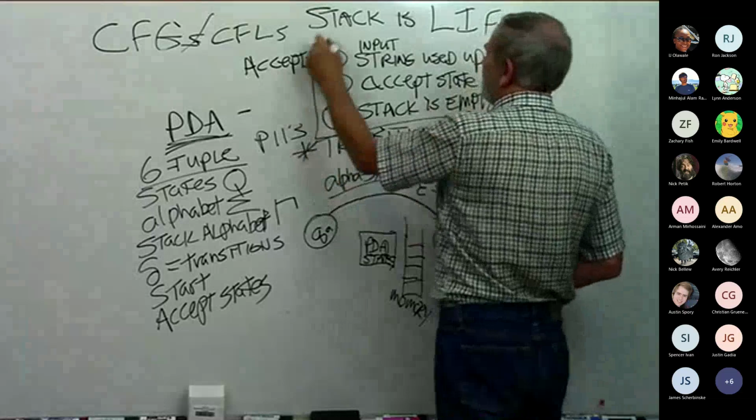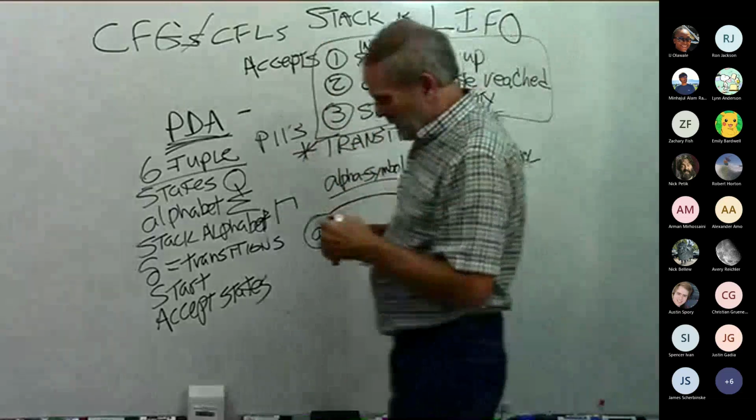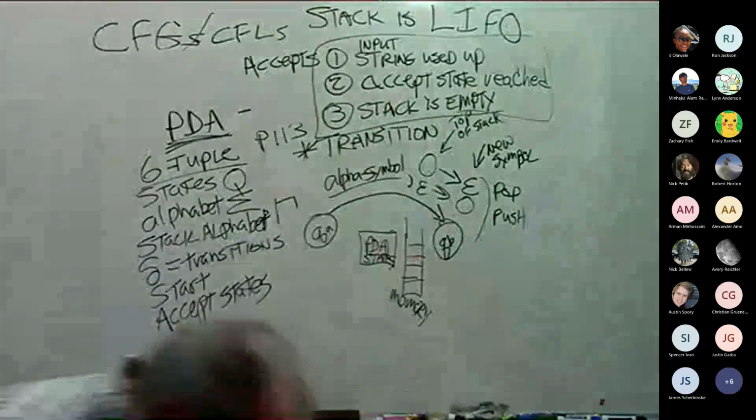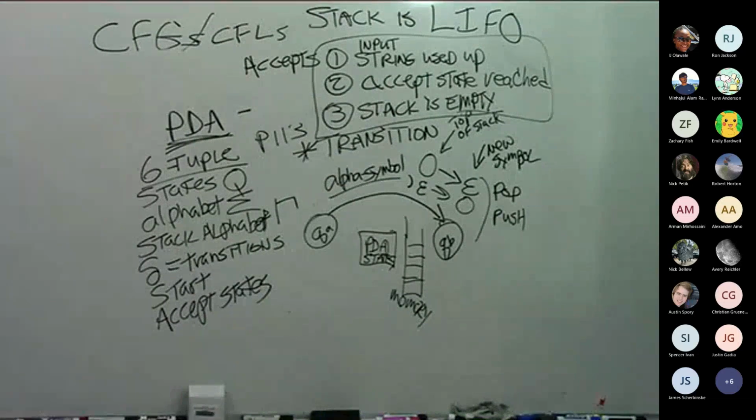So those are 3 criteria, and I will definitely ask you about that on the upcoming exam. What are the conditions? You should be familiar with how a PDA accepts. Well, the first 2 make total sense. It has to go through the input in order to accept a string. If it didn't get all the way through the input, then it certainly can't accept.